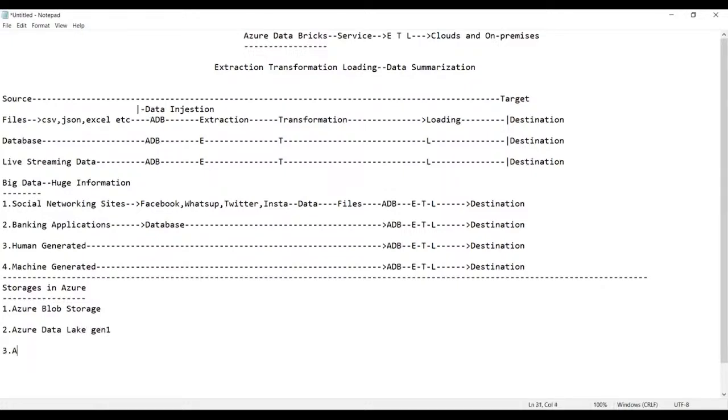Third one, Azure Data Lake Gen 2. Azure Data Lake Gen 1, Azure Data Lake Gen 2. Then the next one is what you have.